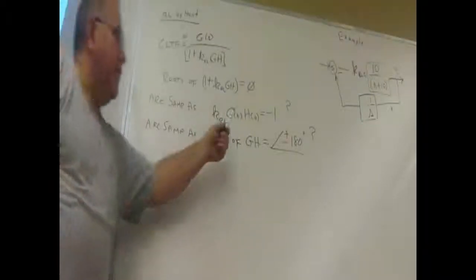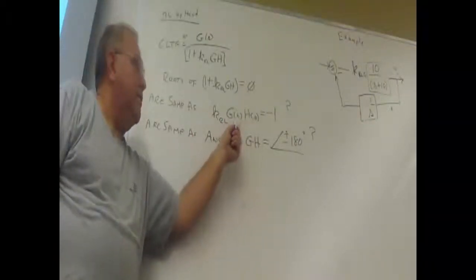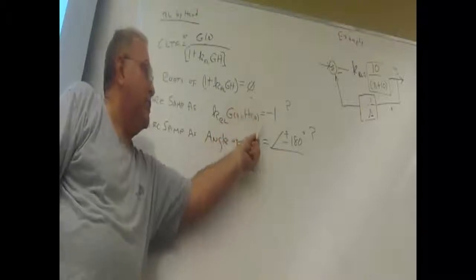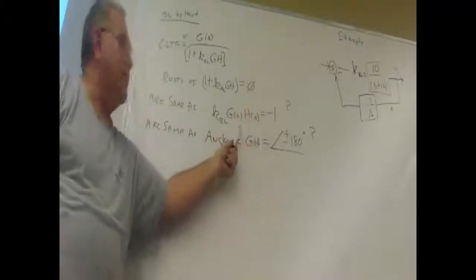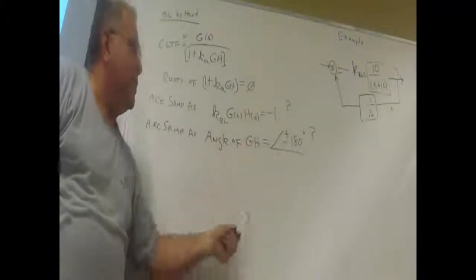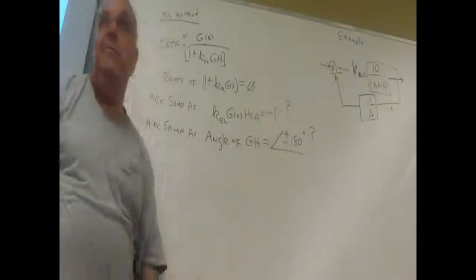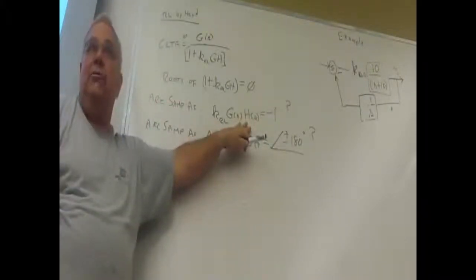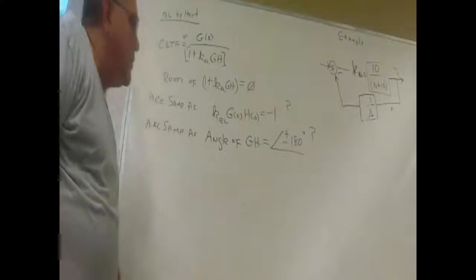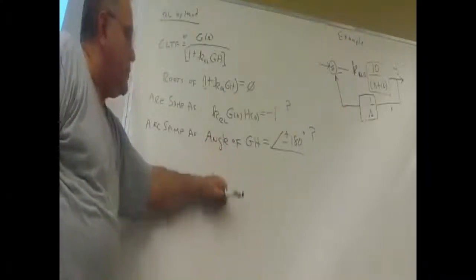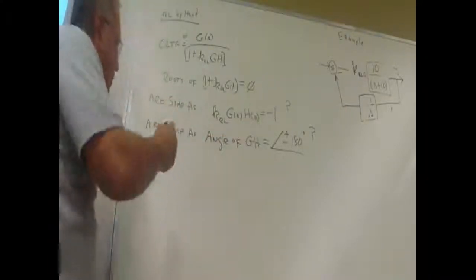In other words, when I evaluate this function, I get a complex number. If the angle of that complex number is plus or minus 180, then that value is on the root locus. So here comes the problem.